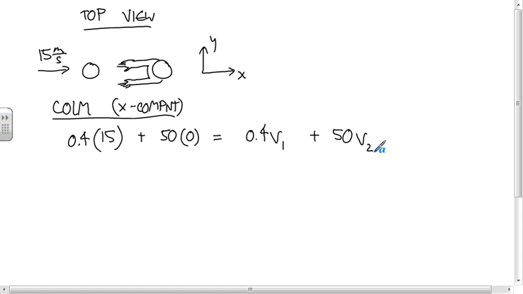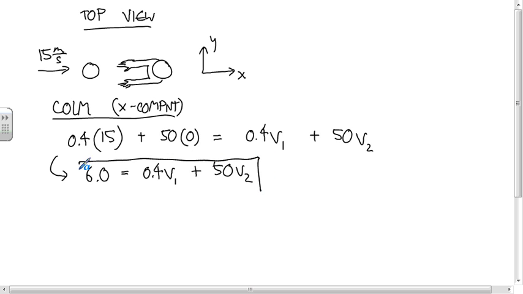Okay, so if I simplify this, 0.4 times 15 is 6. 6 is equal to 0.4 V1 plus 50 V2. So that's our first equation.